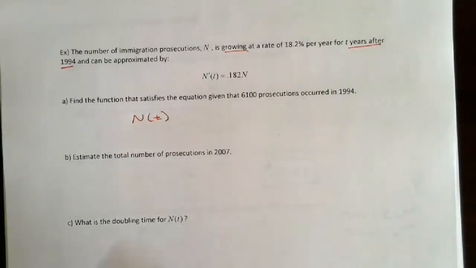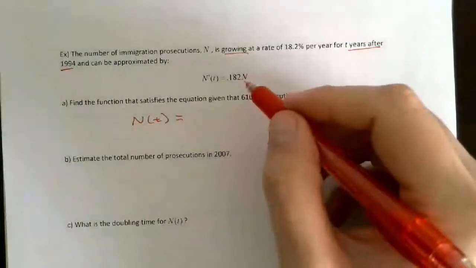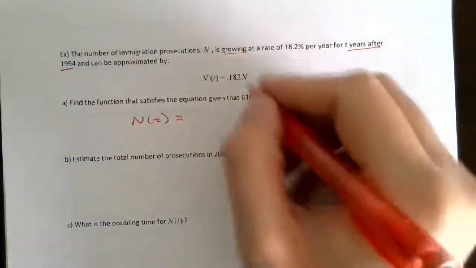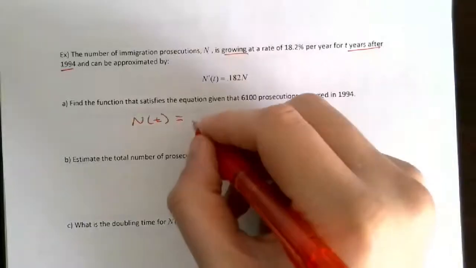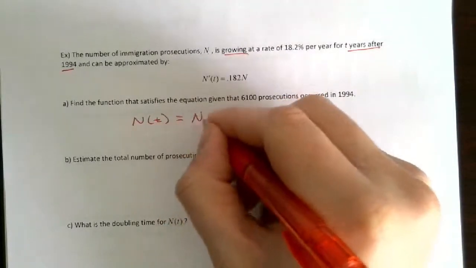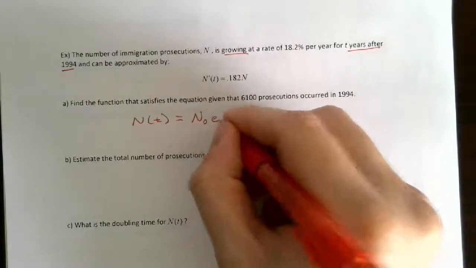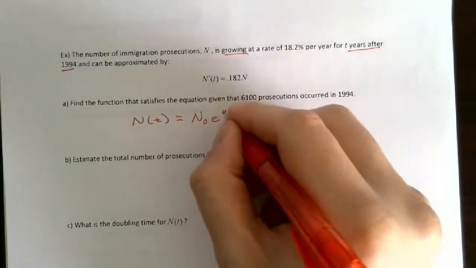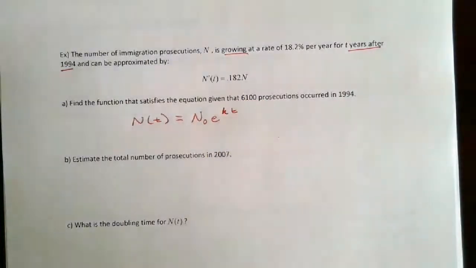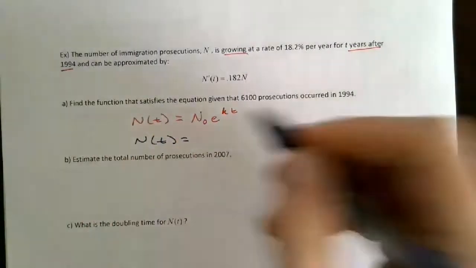Now it should be equal to, since I have this form here, we know that this is the form for an exponential function, and we know that those have the form of, usually we put P0 here. Since this is called N, I'm going to put N sub 0, right? e to the kt, right? That's the general form. And let's talk about filling in the pieces that we know. So N of t is equal to, well, what's N sub 0?